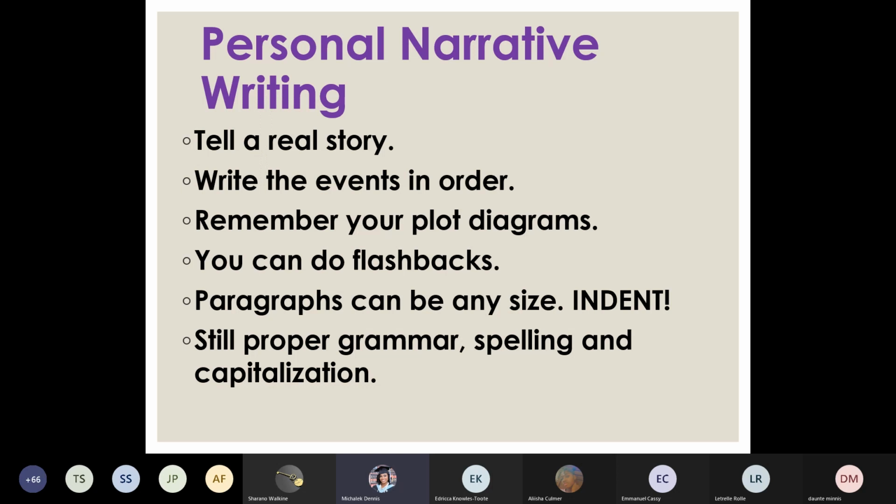So in writing your own personal experiences, think about the various parts of plot, because that will help you in plotting out the events that you would like to communicate in your personal narrative.